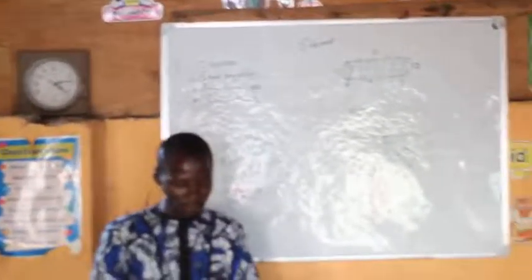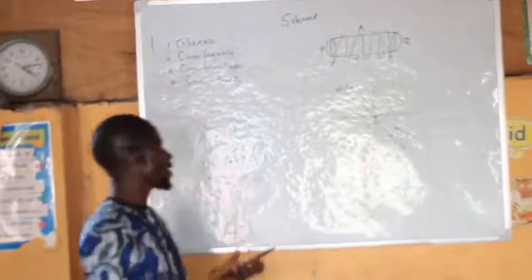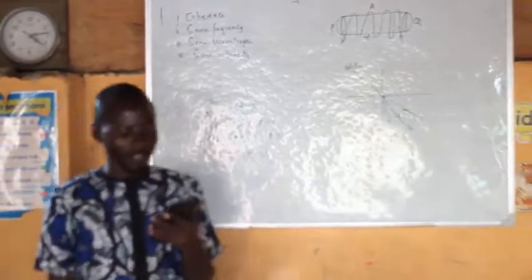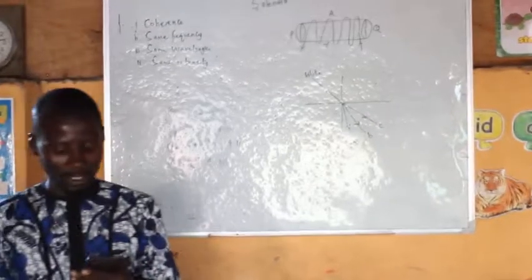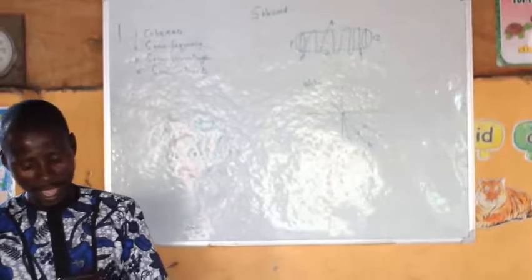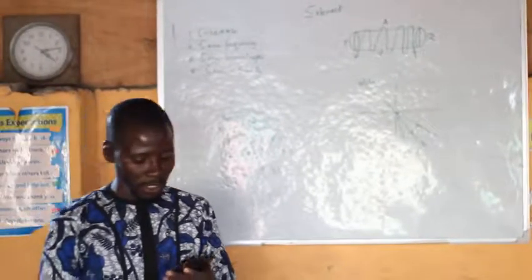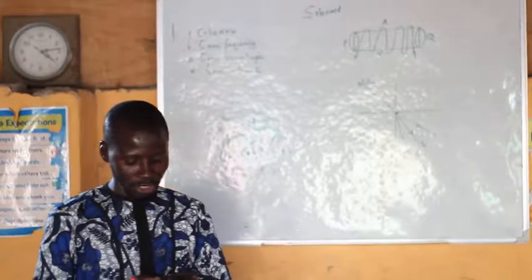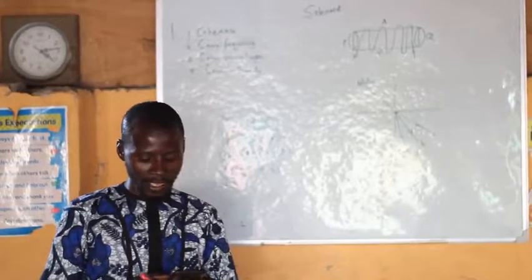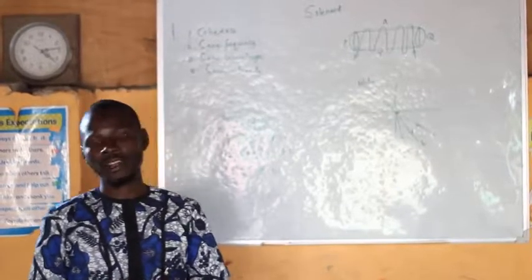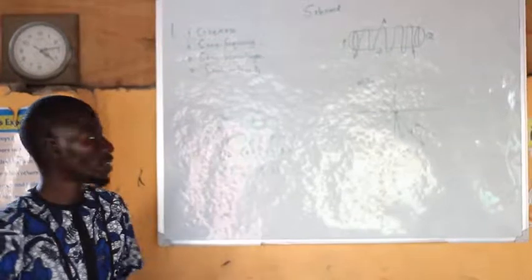Let's start. Number 1 says: I, coherence; II, same frequency; III, same wavelength; IV, same intensity. Which of the conditions above are necessary to produce interference fringe?